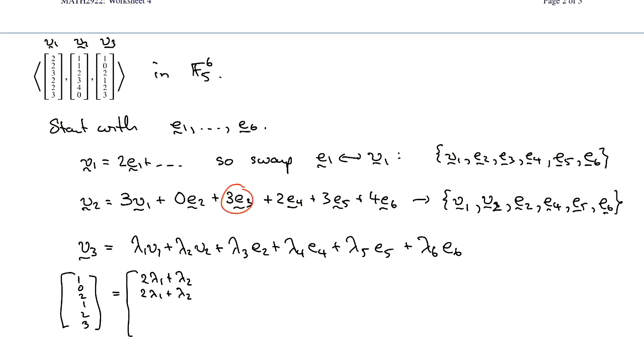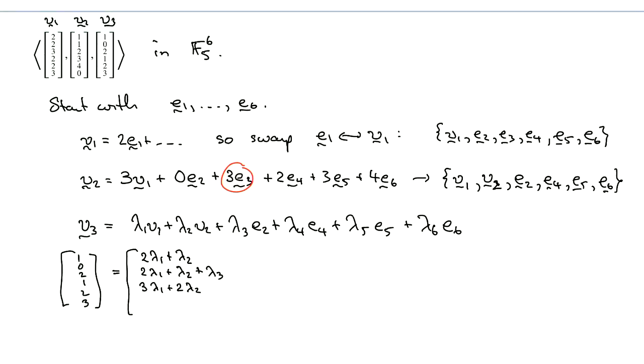And then I have still got a lambda 3 for the E2, because that comes from this guy. There he is. Now, the 3, I get 3 lambda 1 plus 2 lambda 2, and nothing else, because E3 has been tossed out. So what I'm working out when I do this, I guess I'm seeing that I should just use those two to find lambda 1 and lambda 2, and then everything else will be easy. But anyway, let's go through it in gory detail.